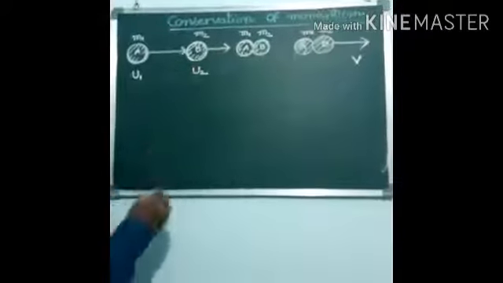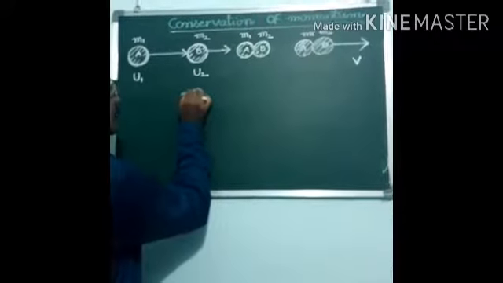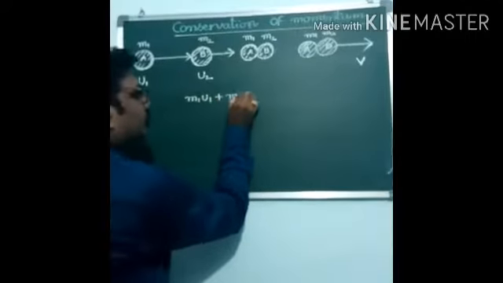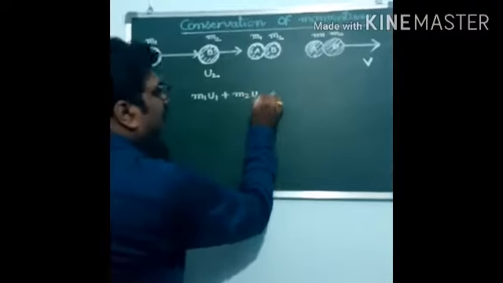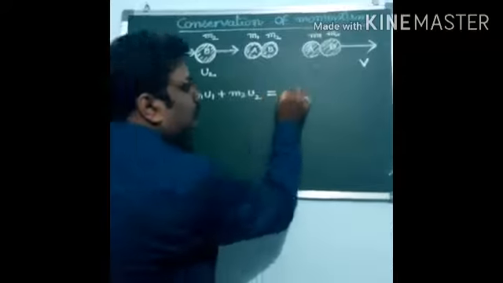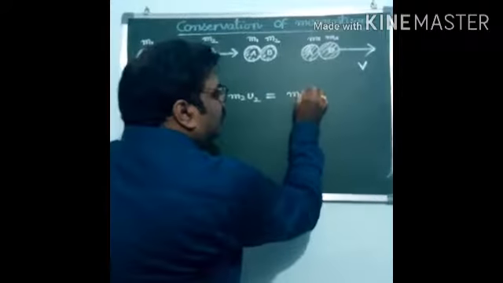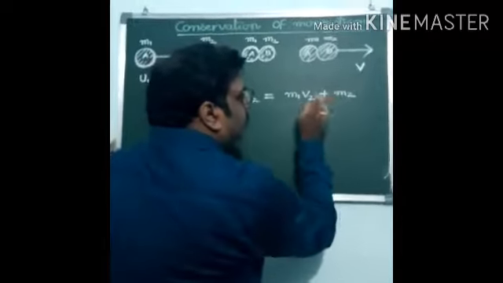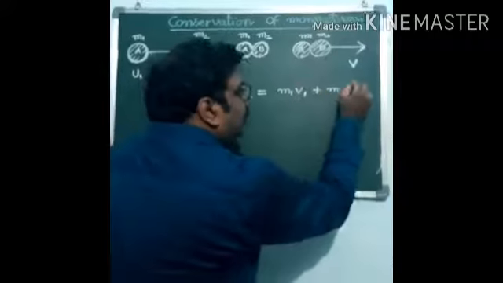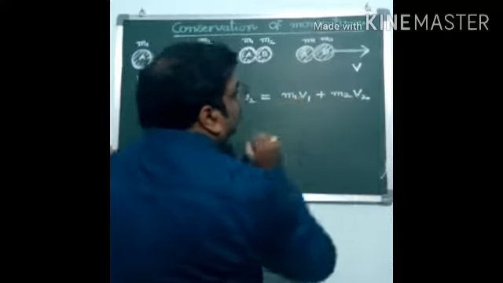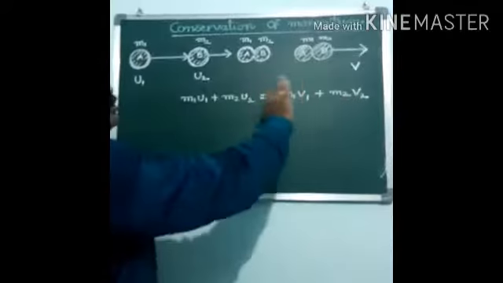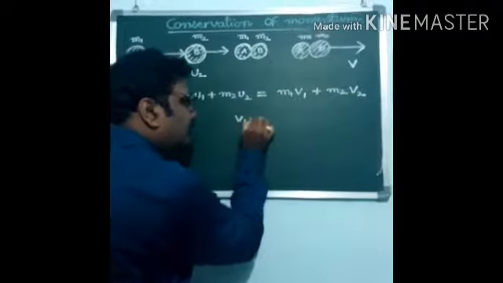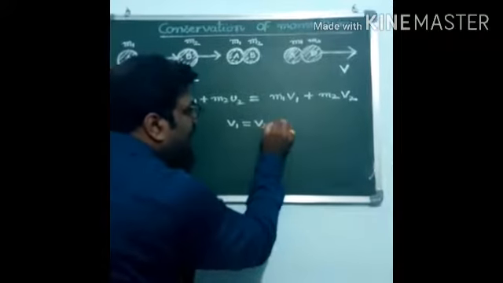So what equation do you get from the law of conservation of momentum? m1 u1 plus m2 u2 is equal to m1 v1 plus m2 v2. After collision, both are moving together. That's why v1 equal to v2 equal to v.